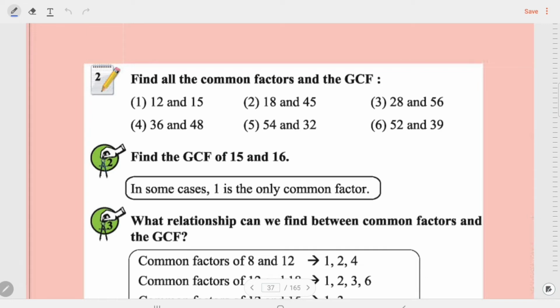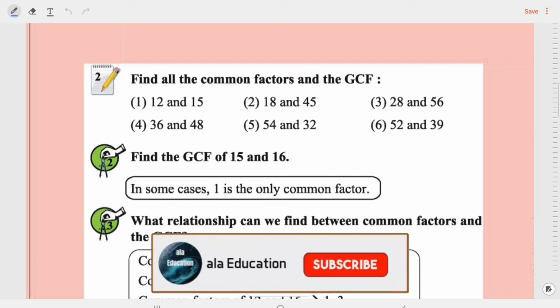Find all the common factors and the GCF. I will do only one problem, 12 and 15. Let's say 12.